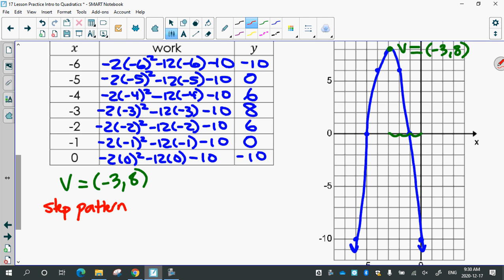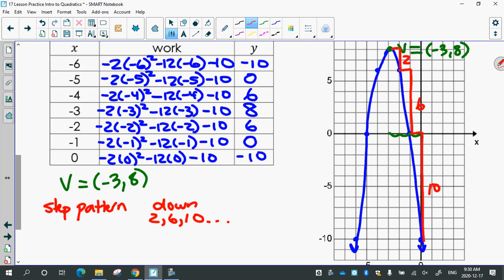So we predicted over 1 down 2. Is that right? Over 1 down 6. Is that right? And over 1 down 10. Yeah. So our step pattern is down 2, 6, 10.